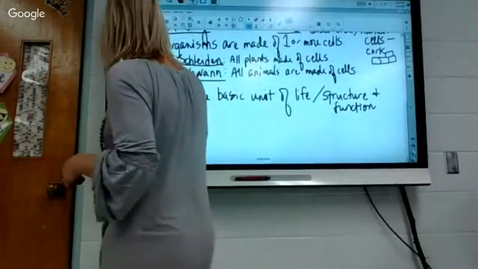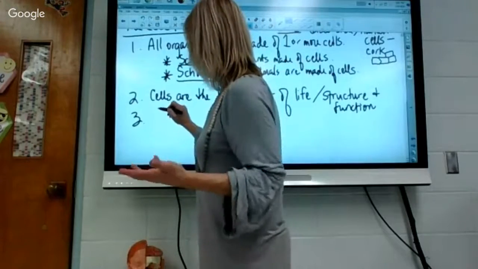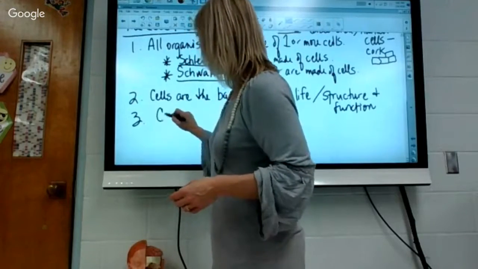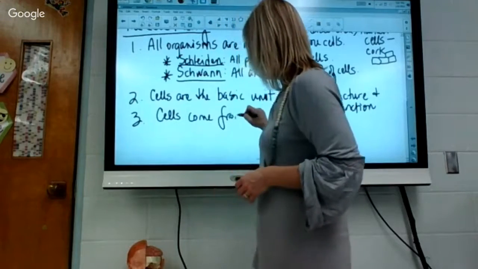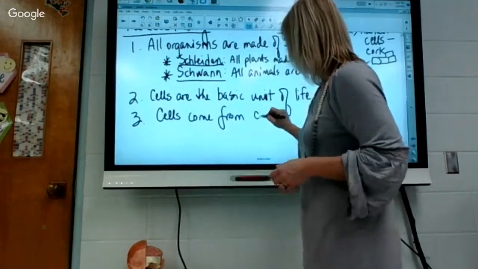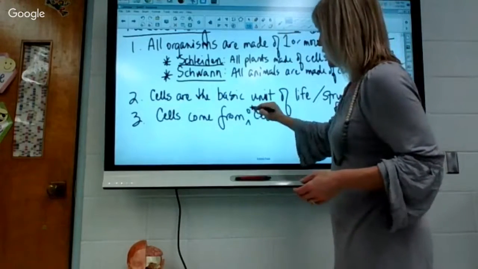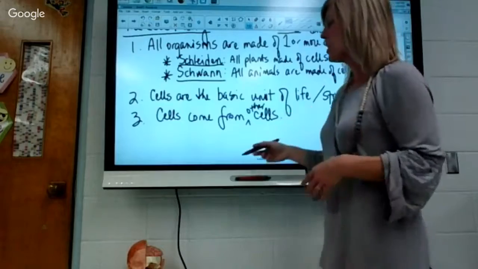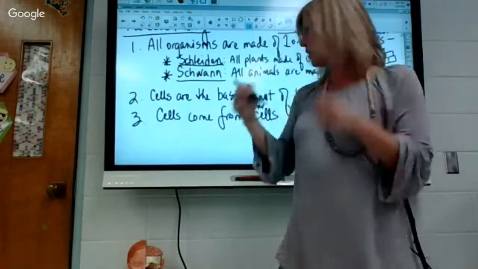The third one is, where do these cells come from? A guy by the name of Virchow got credit for this, and he said cells come from other cells, from pre-existing cells. This is where you see a cell and it divides, cell division.